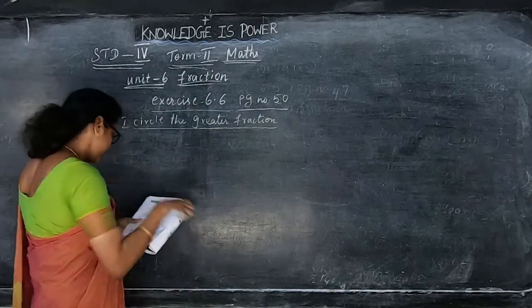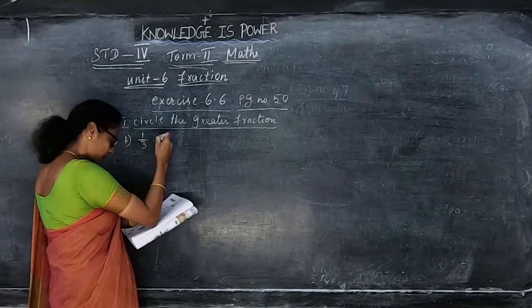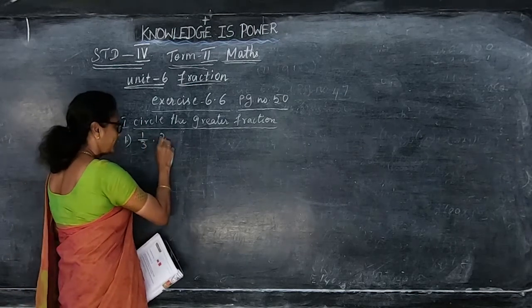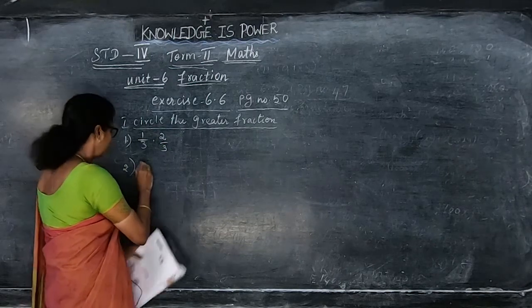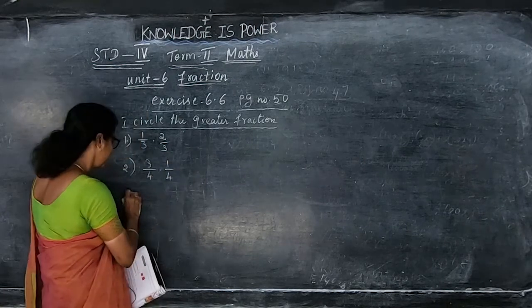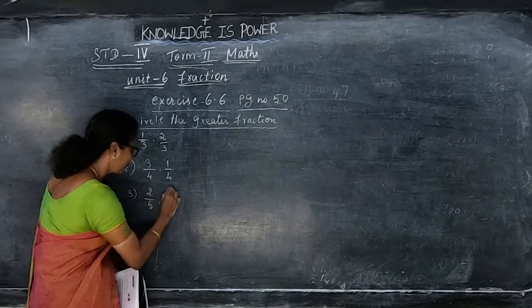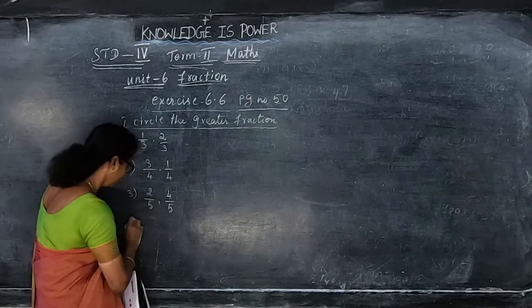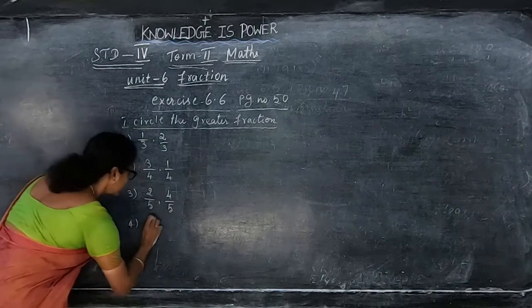Here they are given the sums. First sum 1 by 3, 2 by 3, and second sum 3 by 4. In this the denominators will be the same only, 2 by 5, 4 by 5, 6 by 8, 3 by 8.